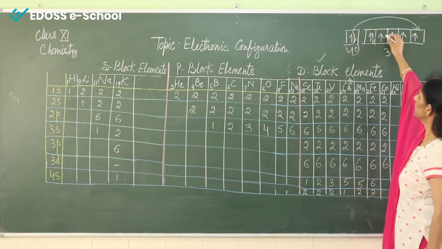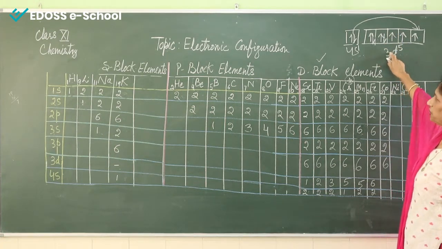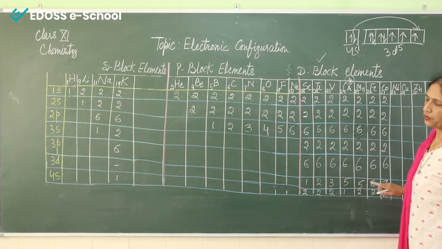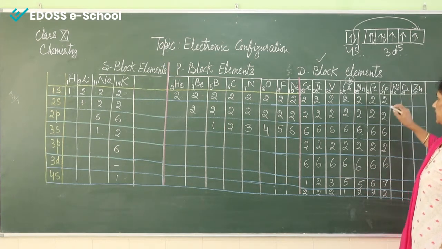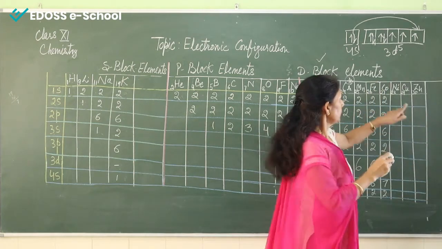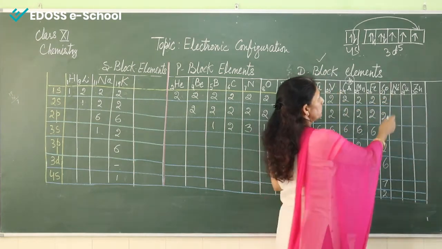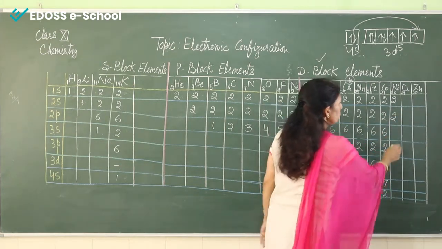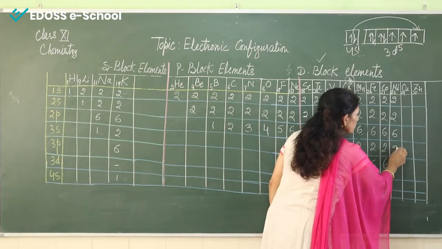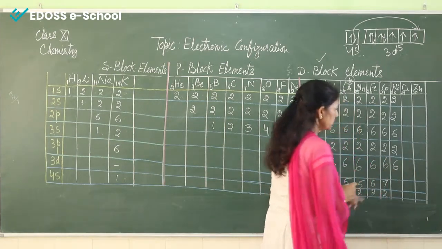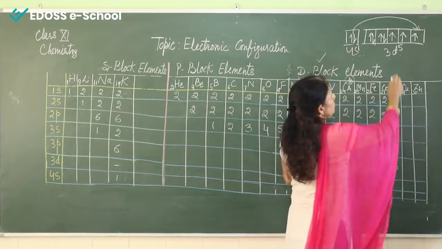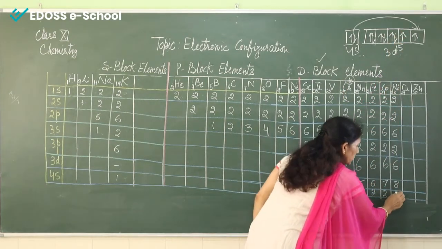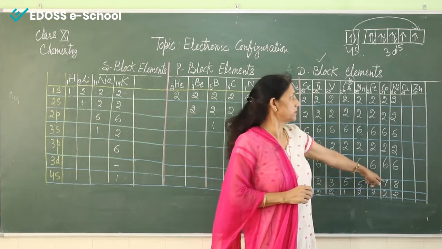Now the same thing will happen, another electron will move in 3d, so it will be 7, and 4s will have 2 electrons. Now coming to nickel, which is 28. So 28 means 1s2, 2s2, 2p6, 3s2, 3p6. Again this electron will move here, so it will be 3d8 and 4s will have 2 electrons.